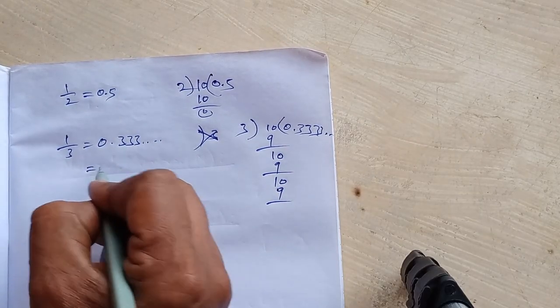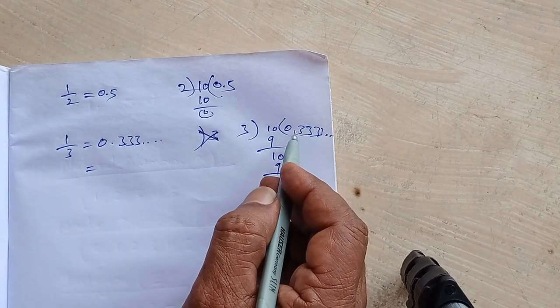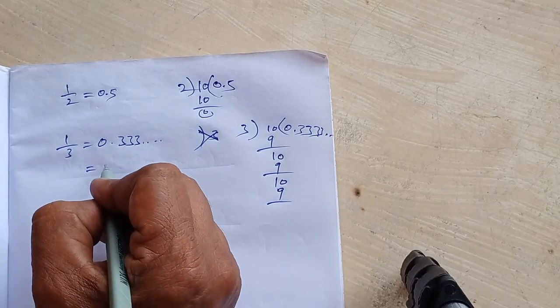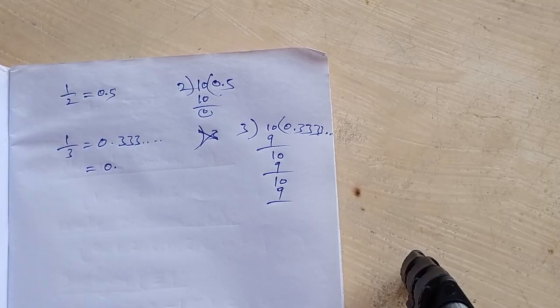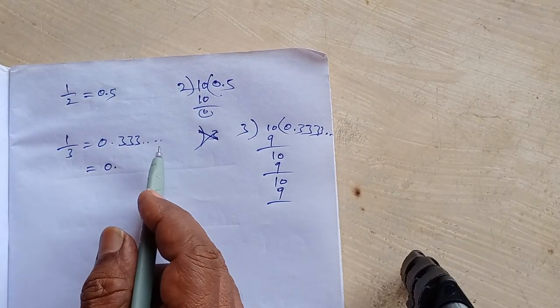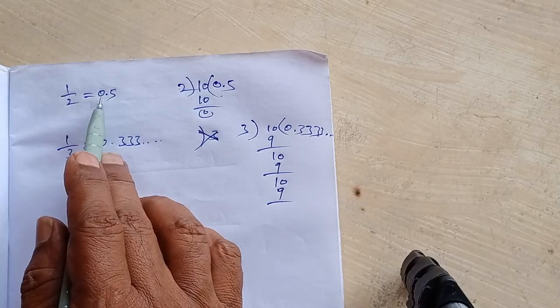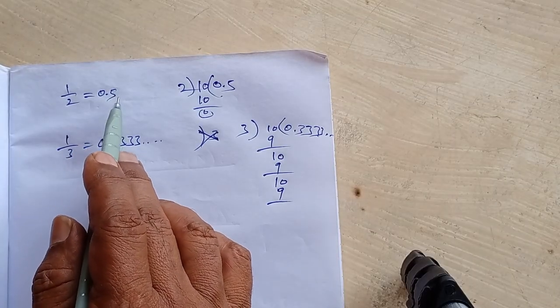Now which numeral is repeating? 3 is repeating, that is called a recurring decimal, recurring and non-terminating, whereas this 0.5 is called a terminating decimal.